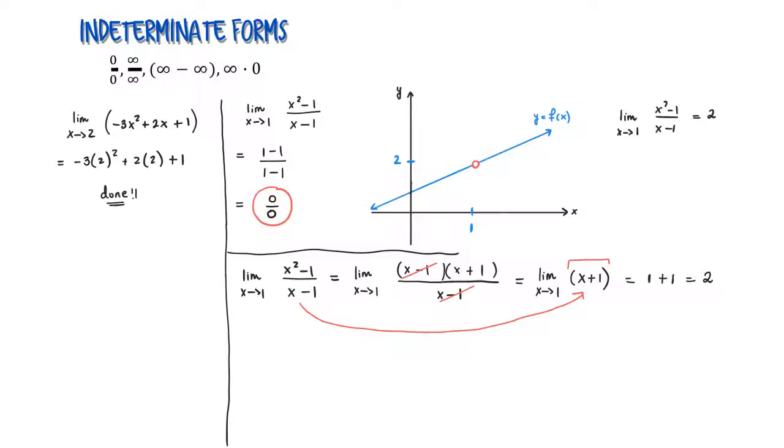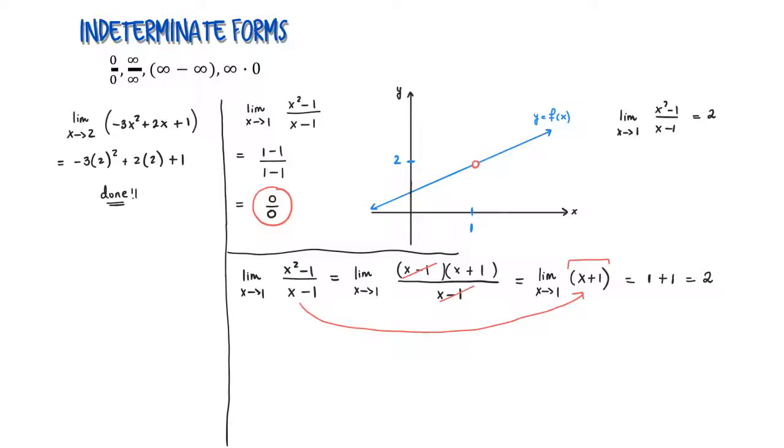But what is so special about this other function is that this other function is continuous at 1. So a simple substitution then gives us the value of the limit of the original function.